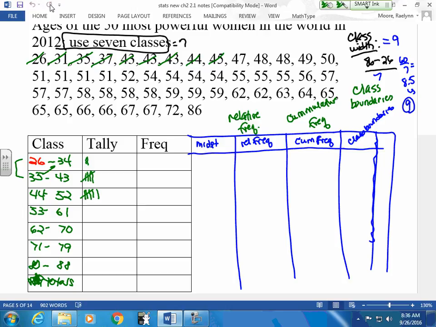Add up your frequencies, see if they're correct, make sure they add up to 50. We want this total down here to be 50. This is the top 50 most powerful women in the world in 2012.